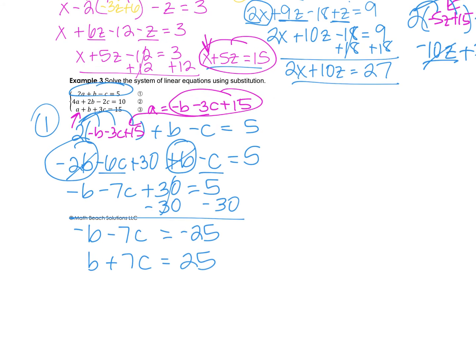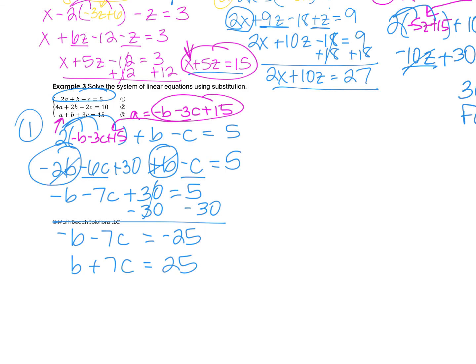All right, so now what I'm going to do is take what A equals and substitute it into that second equation. So I have a 4 in place of A. I'm putting what it equals from that very first step we did.